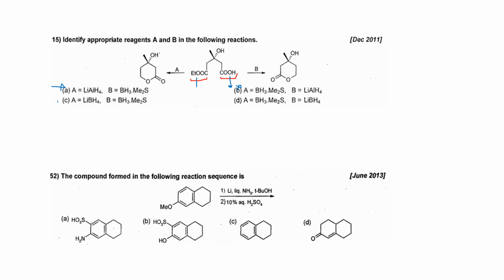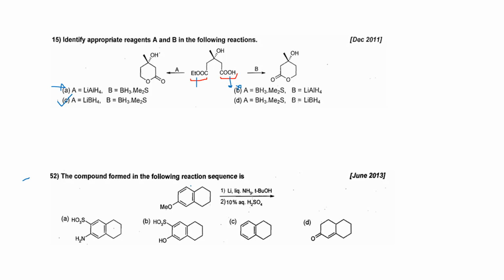So the correct option will be option C. And LiBH4 is less reactive than LiAlH4, so that will selectively reduce our ester, whereas the borane will selectively reduce our acid and we will get A and B. Okay. I hope it's clear.